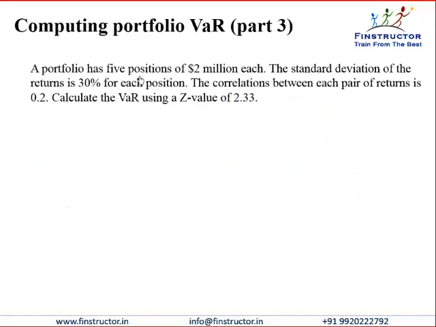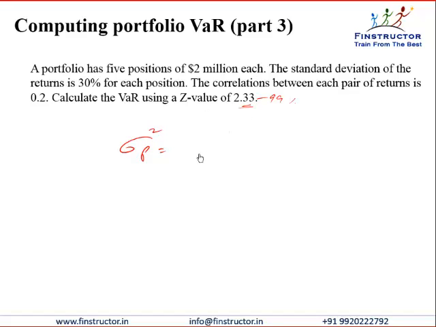If a portfolio has 5 positions of $2 million each, the standard deviation of the returns is 30% for each position, and the correlation between each pair of returns is 0.2, calculate the VaR using a Z value of 2.33, corresponding to a 99% VaR. So let's first calculate the standard deviation of the portfolio, or rather first calculate the variance.